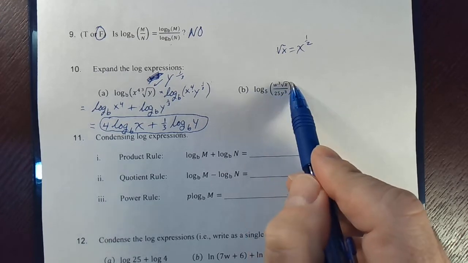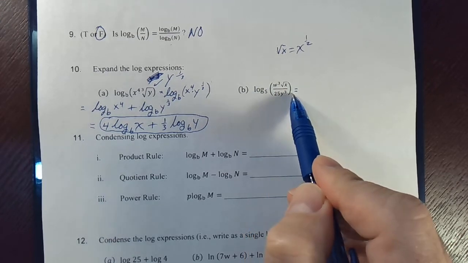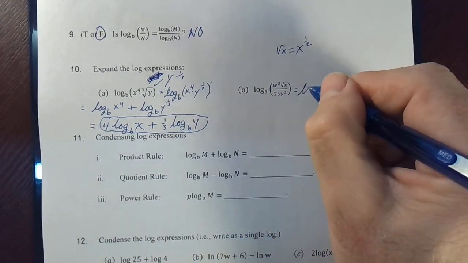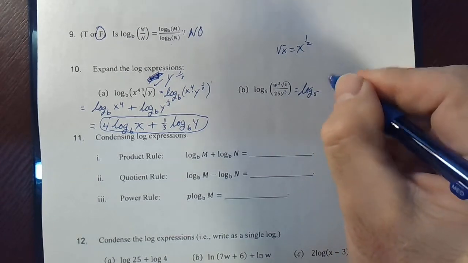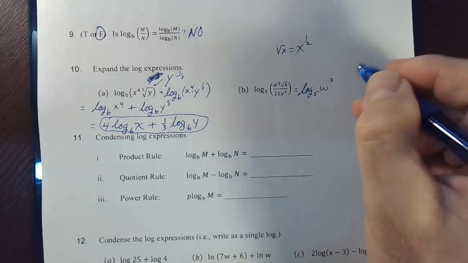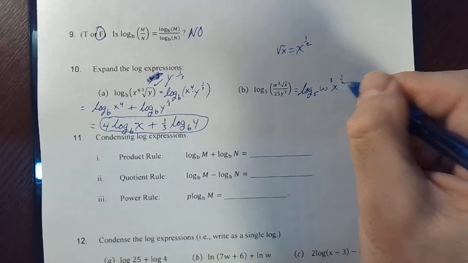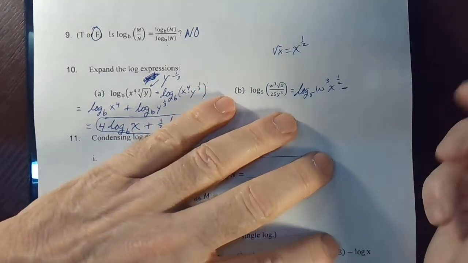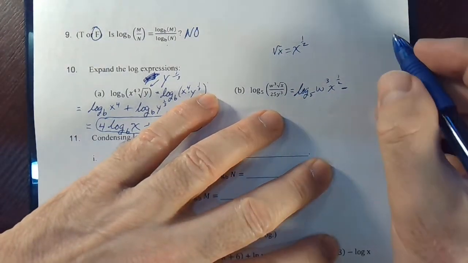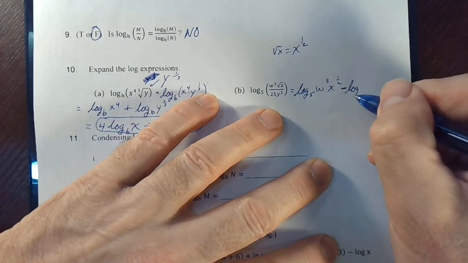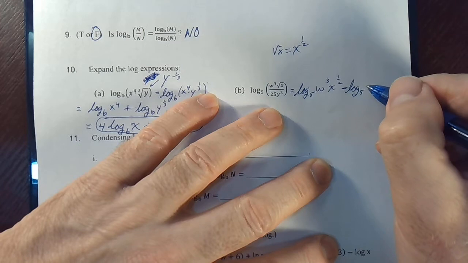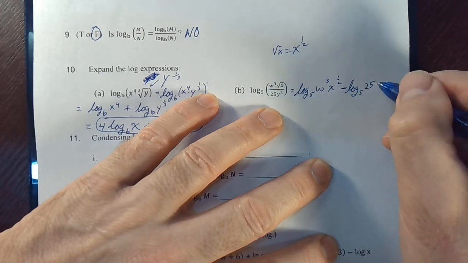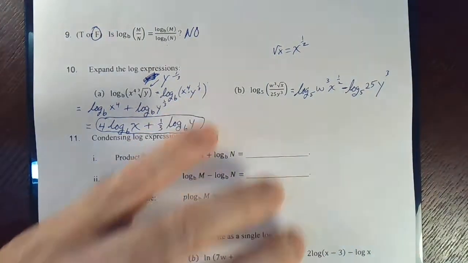So I'm going to take the log of the top minus the log of the bottom. So log base 5 of w cubed x to the 1/2 minus, and if I said product rule, I meant quotient rule. We're using the quotient rule here. Log base 5 of 25 y cubed.